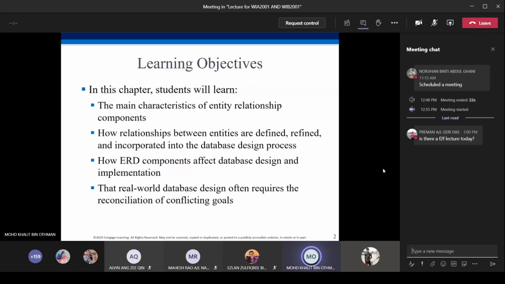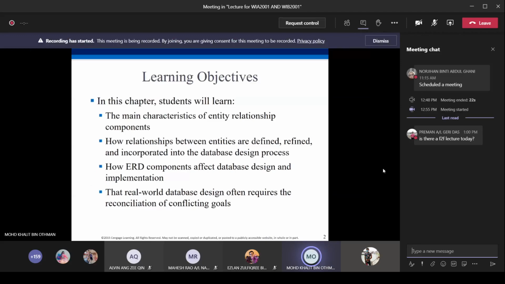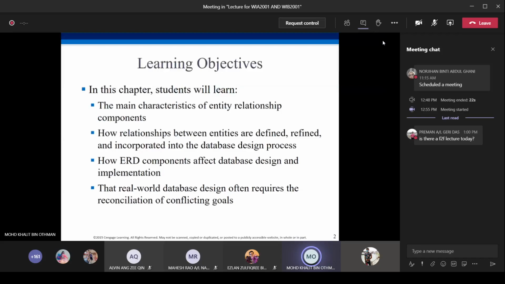For learning objectives, overall we have 4 main learning objectives for this lecture 4. The student will learn about the main characteristics of entity relationship components. The second one, how relationships between entities are defined, refined, and incorporated into the database design process, which is all about how we model the relationship between entities.